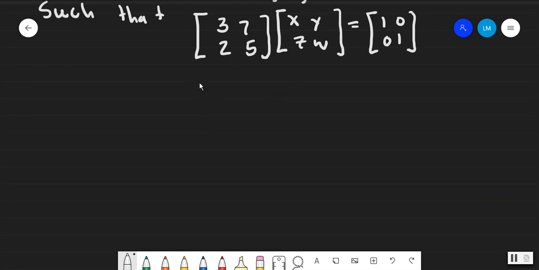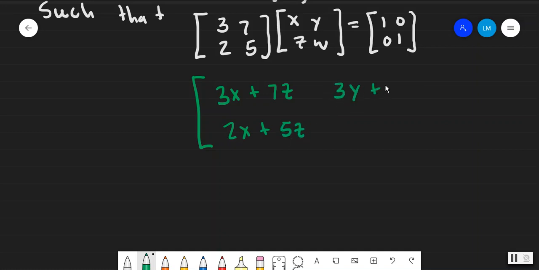So when we multiply this through, you're going to get 3x plus 7z, 2x plus 5z, 3y plus 7w, and 2y plus 5w. But this has to be equal to 1, 0, 0, 1.